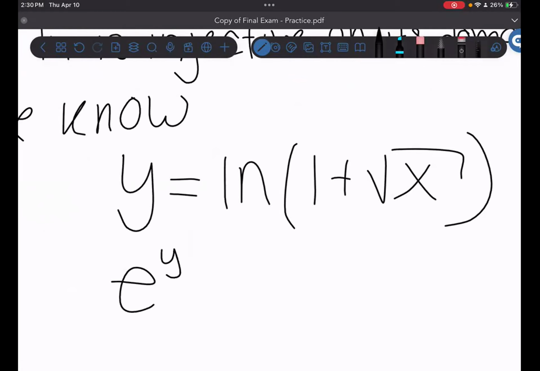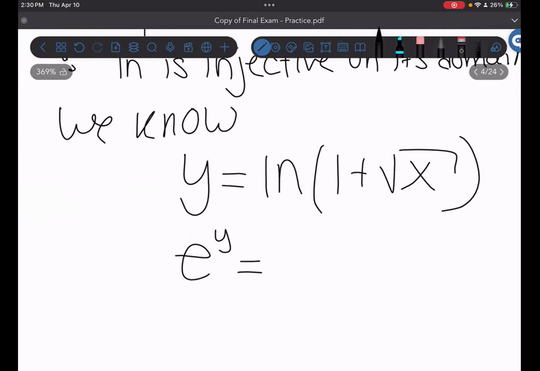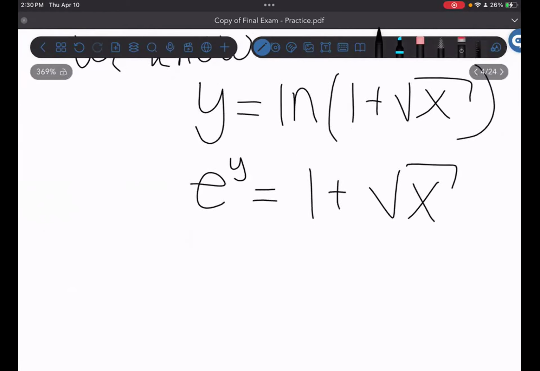So it'd be e to the y. It's kind of like we changed from the ln function to exponential form. That's what I'm doing right here. And we just solve for x.